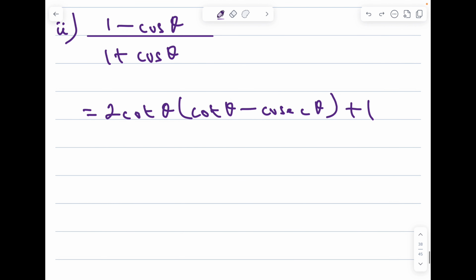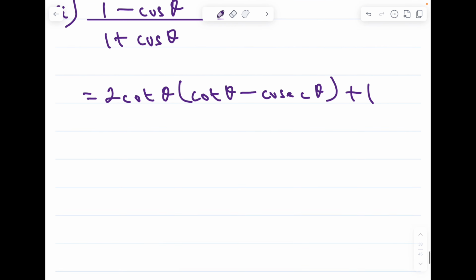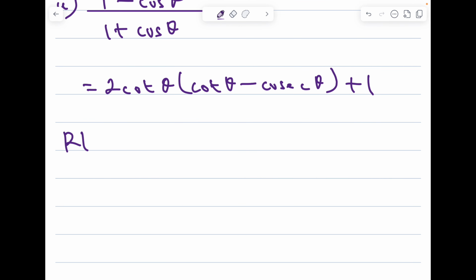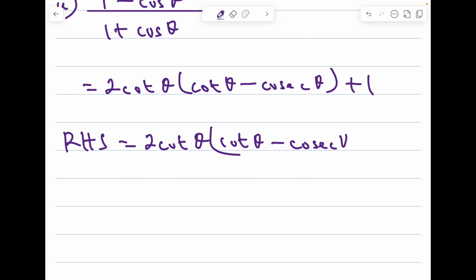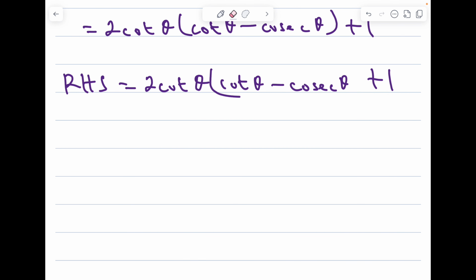Now this time I want to go from the right hand side. The right hand side, that's the solution, by the way, is equal to 2 cot theta into bracket cot theta minus cosec theta plus 1.